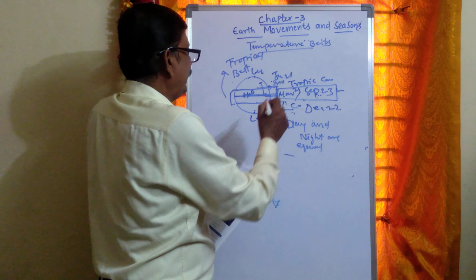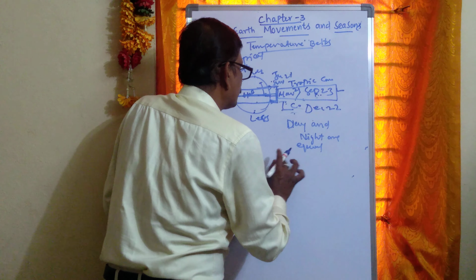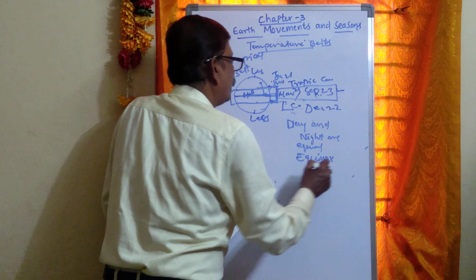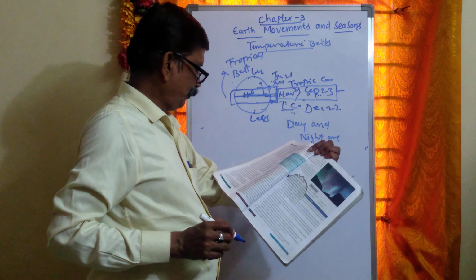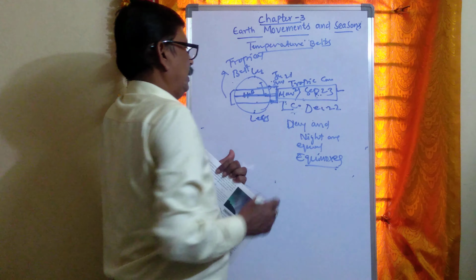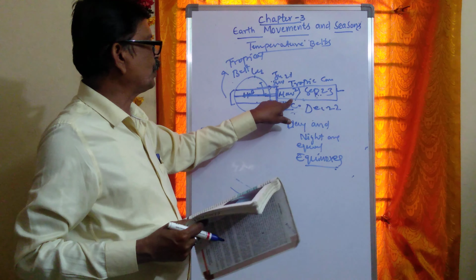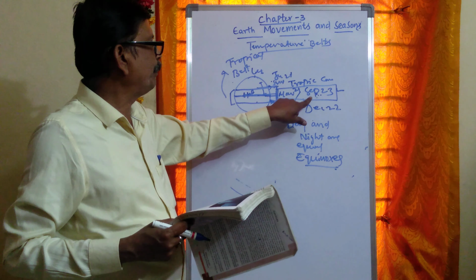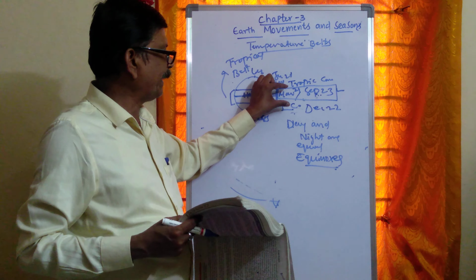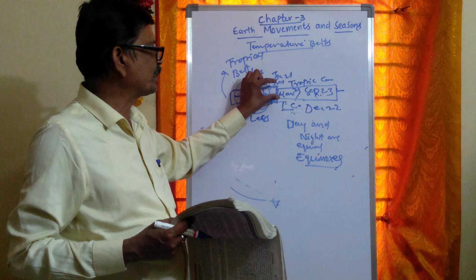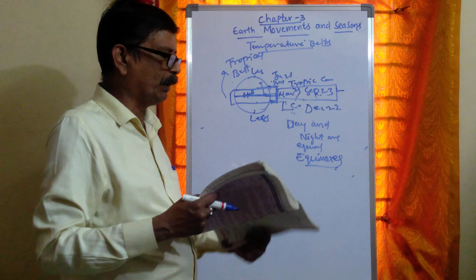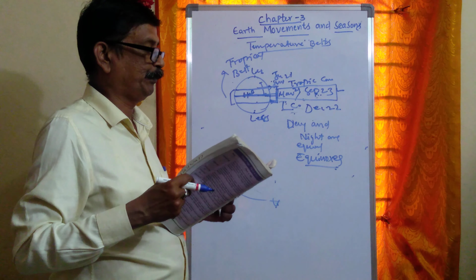That's why it is called an equinox. Which dates? March 21st and September 23rd are called equinox because on these two days, day and night are equal throughout the world.